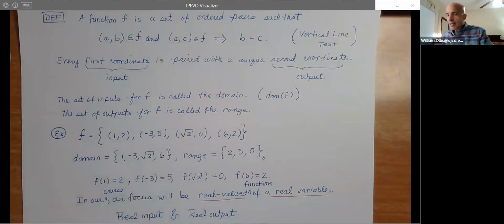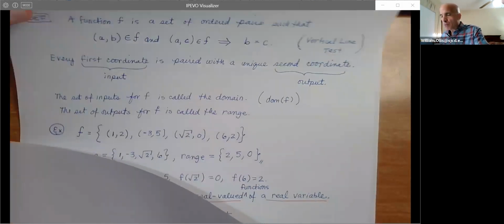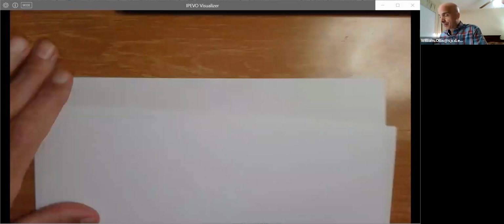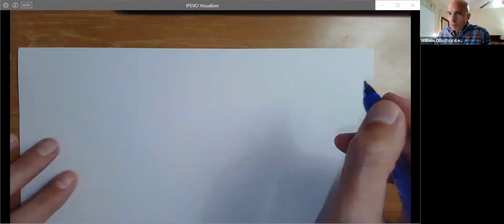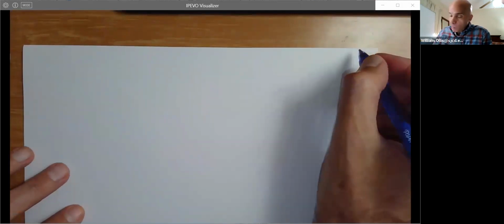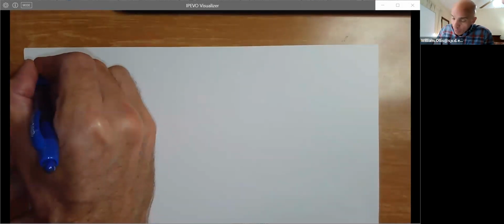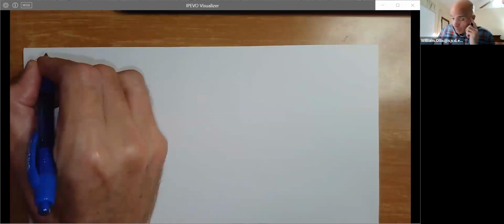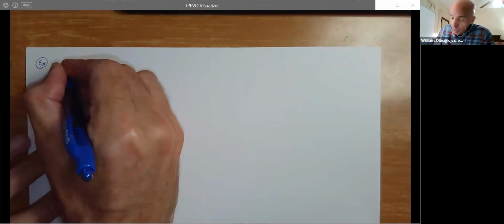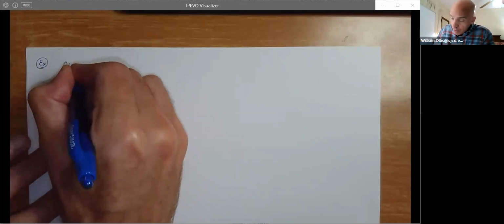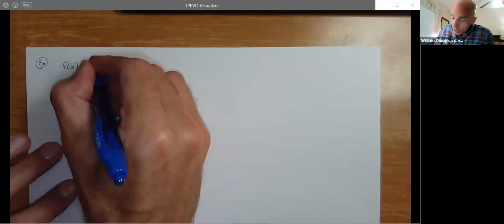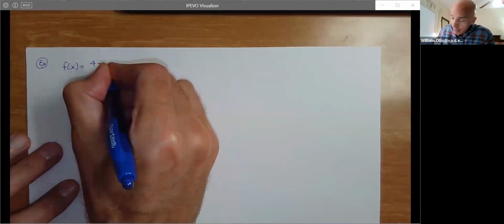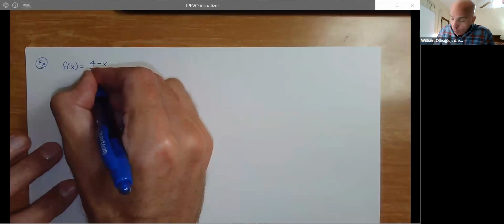So again, what does that mean for us? Well, we've actually been doing this already. When we look at our college algebra experience, we already know that we've studied all kinds of interesting functions. Rational functions, so here's an example. f of x equals (4 minus x) divided by (4 plus x).